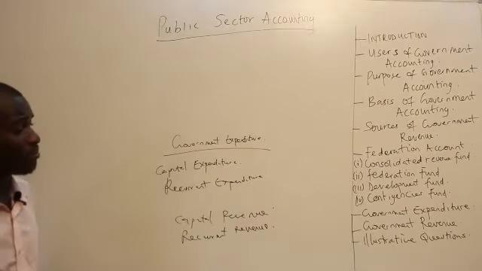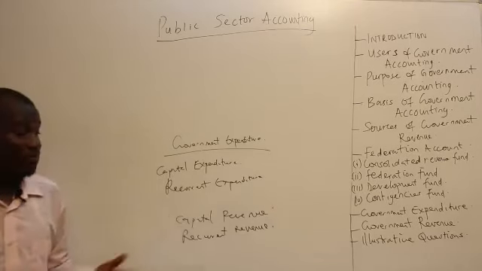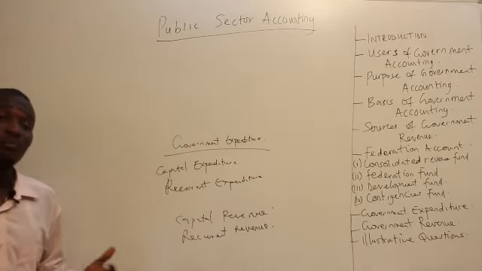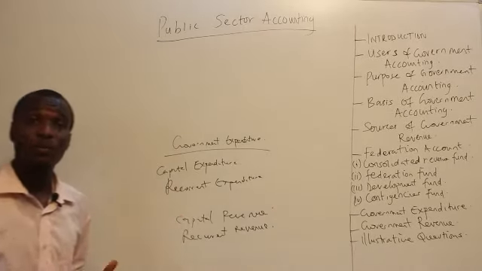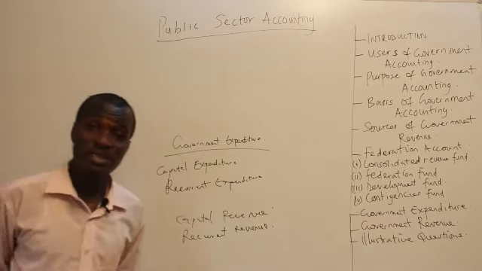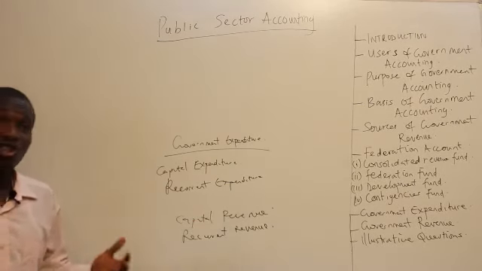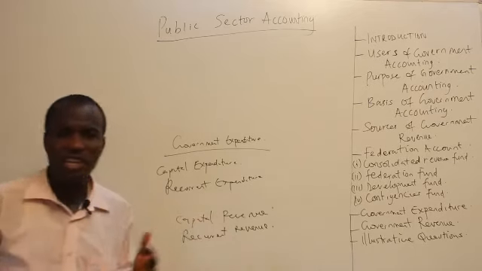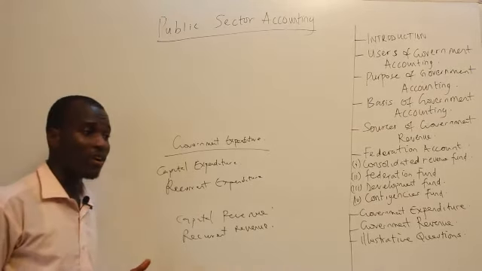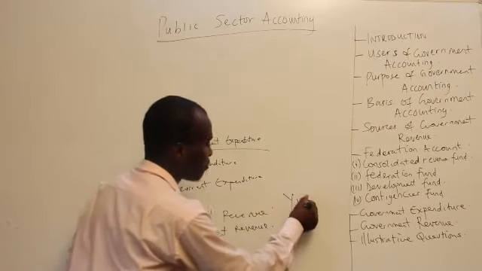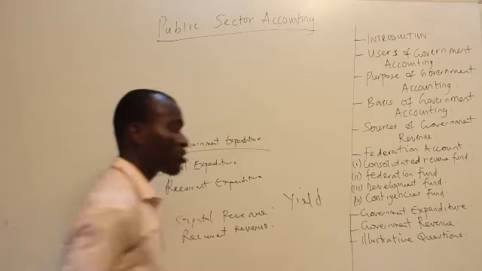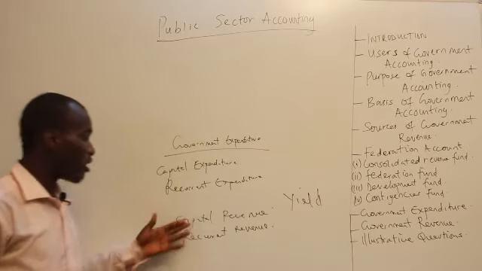This type of revenue is usually received by the government from capital projects. If there is any capital project that was already a capital investment that starts yielding returns to the government, such aid forms what? Capital revenue.